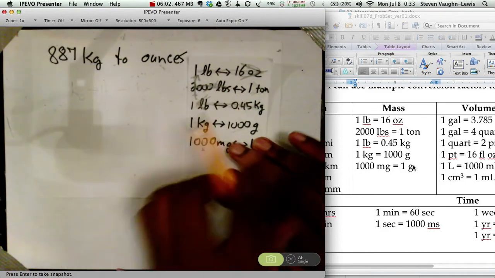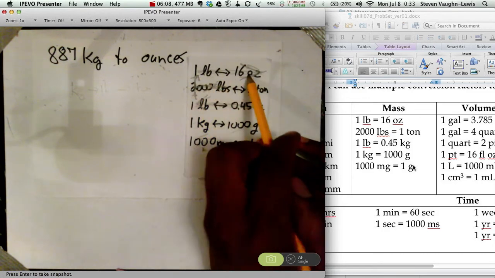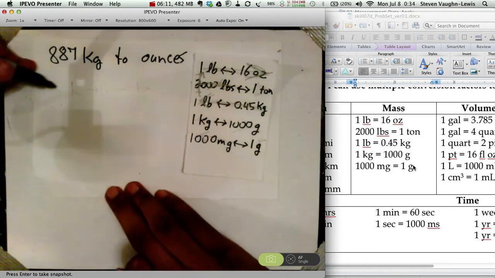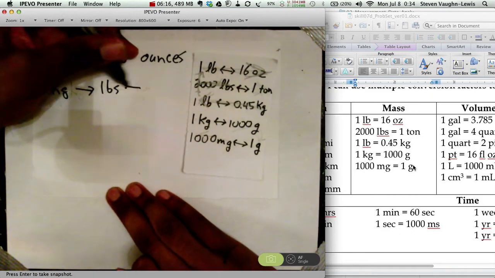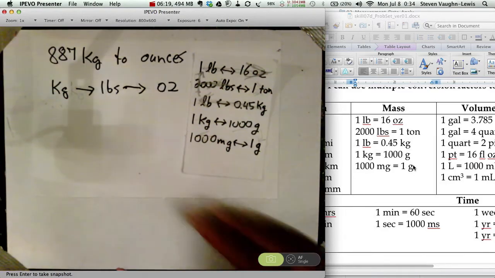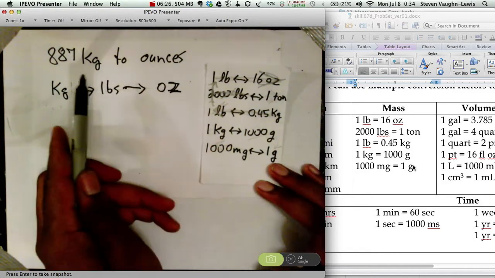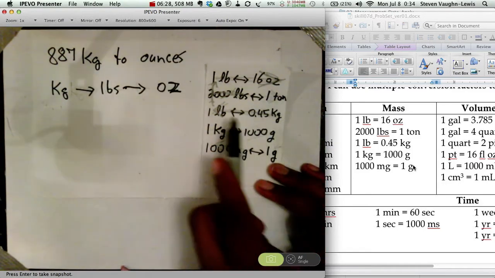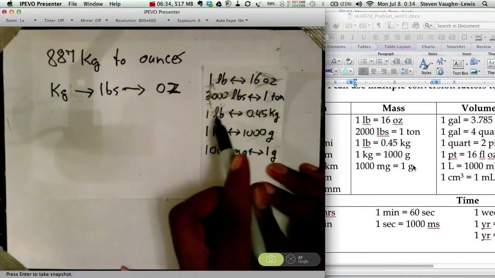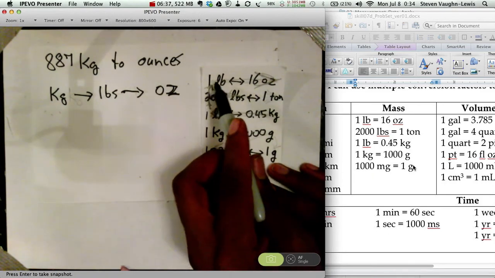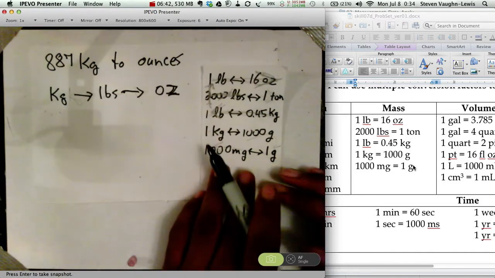So I will have gone from kilograms to pounds to ounces. And that's what I want to do. I want to go from kilograms to ounces, but I had to take a detour at pounds. So I'm going to go from kilograms to pounds, and then from pounds to ounces. And that will let me go from kilograms to ounces.